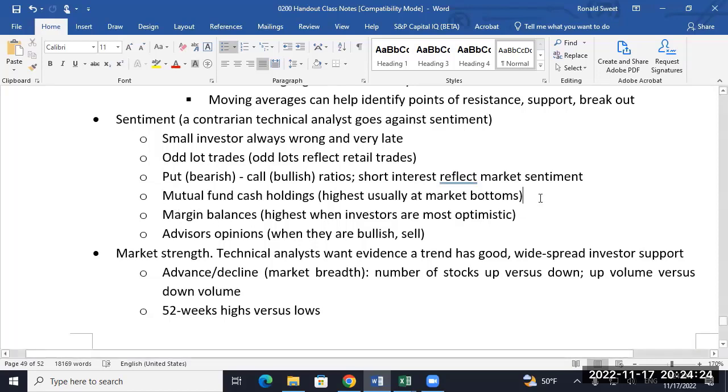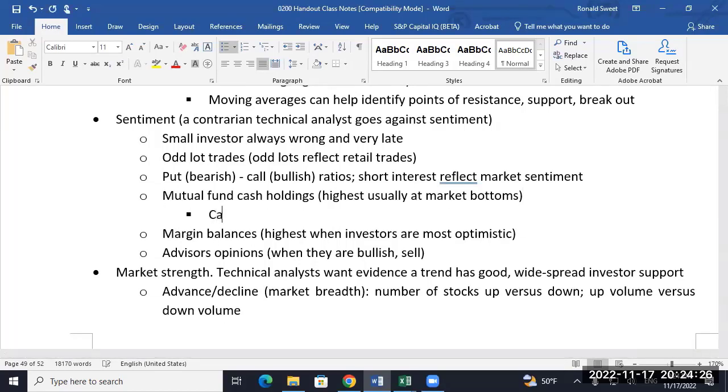I don't know if y'all have heard this comment before. Cash on the sideline. Have y'all heard that before? There's a lot of cash on the sideline. Yeah, there's no such thing as that. It's impossible for there to be cash on the sideline. And why is that? If a mutual fund sells its stocks and gets all this cash, what also had to have happened?